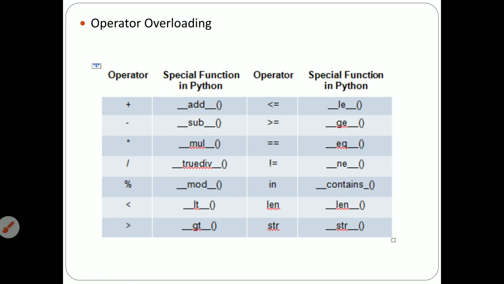So you can go through this table. Here I'm using a set of operators and special functions in Python: plus, minus for subtraction, multiplication, division, modulo, greater than, less than, greater than or equal to, less than or equal to, equality operation, not equal to, in, length and string.